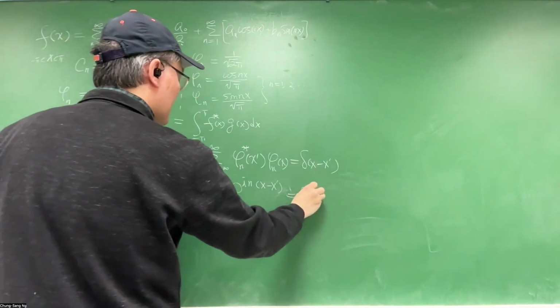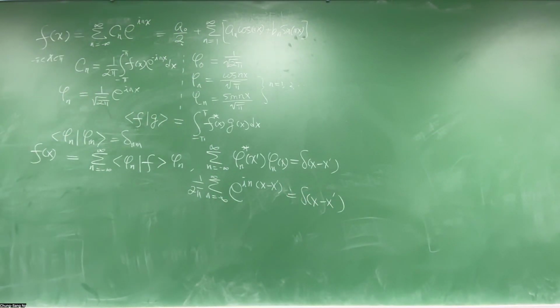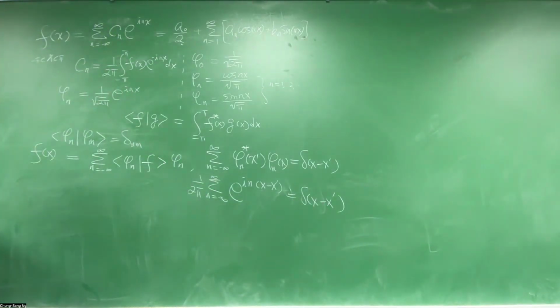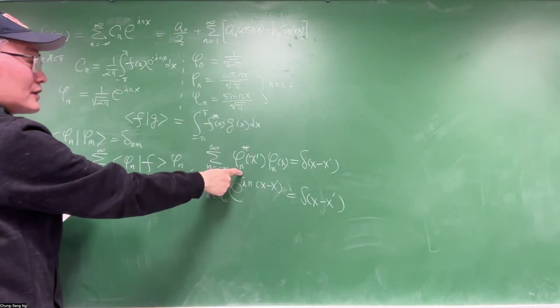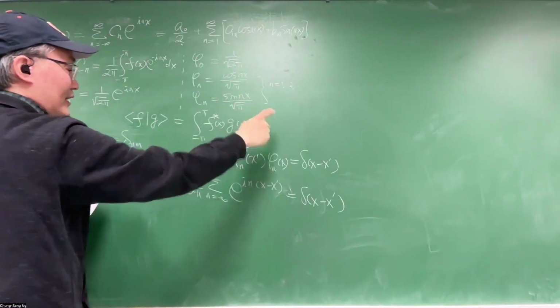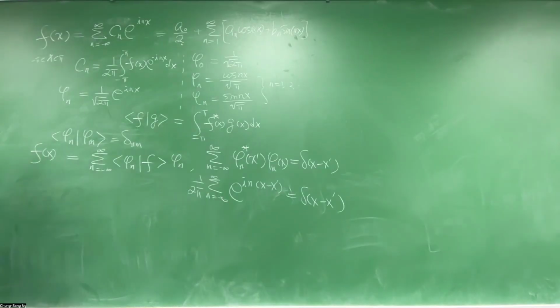And this is a relationship, the property of completeness. Say this is the consequence of completeness. Right? And likewise, you can use this and do this. Put all these psi for cosine and sine in here, and convince yourself that this also works.